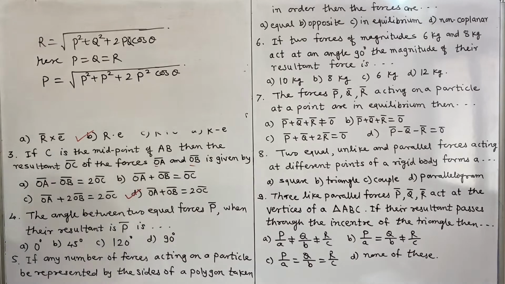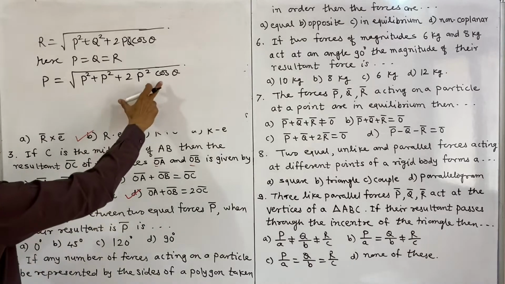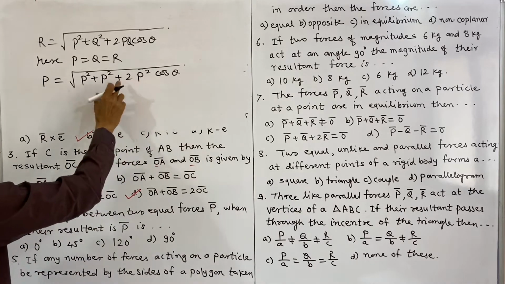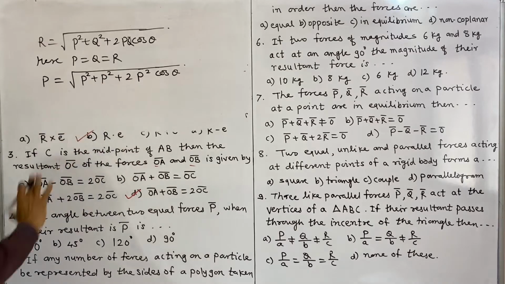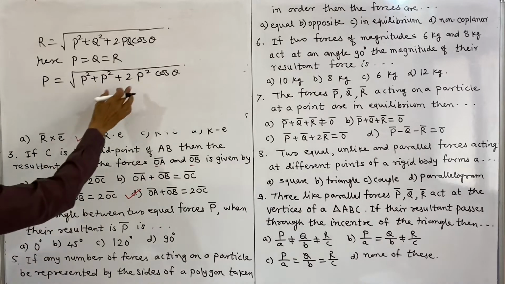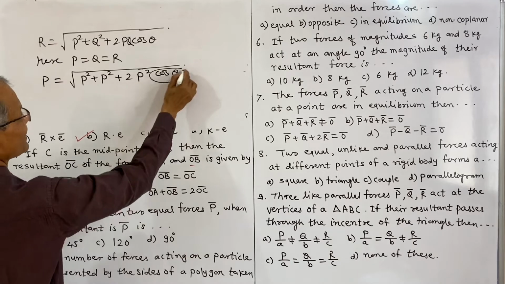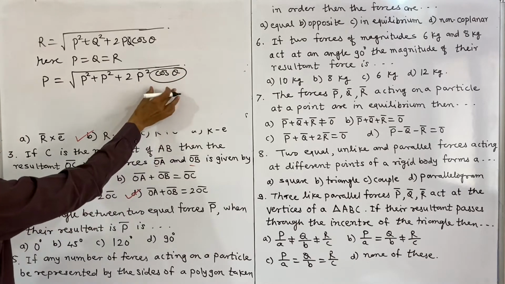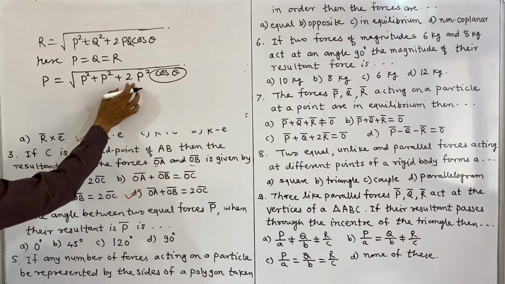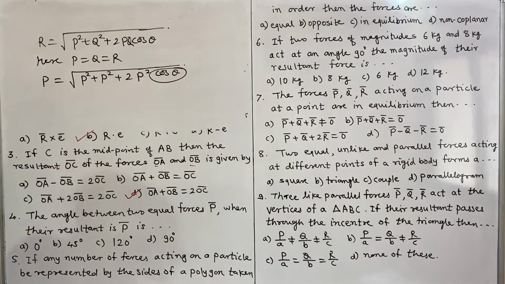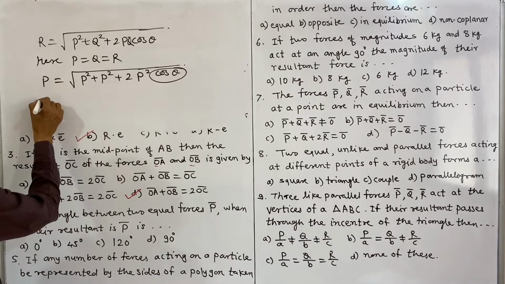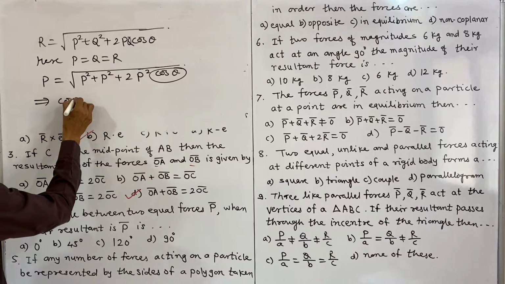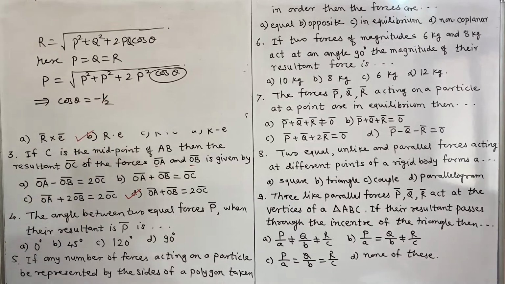Now, this will be equal to P if this quantity is P square only, and that means cos theta must be minus half. Then it will be P square plus P square minus P square, and that is P square. So, this implies cos theta is equal to minus 1 by 2.